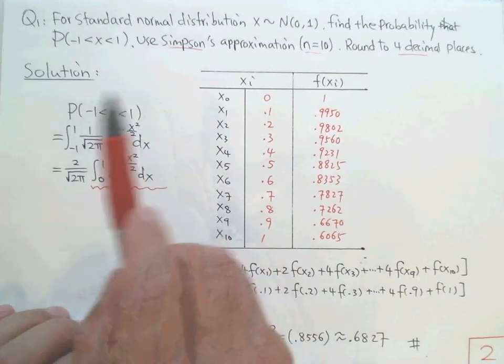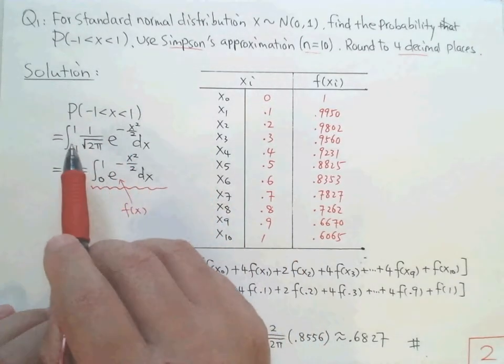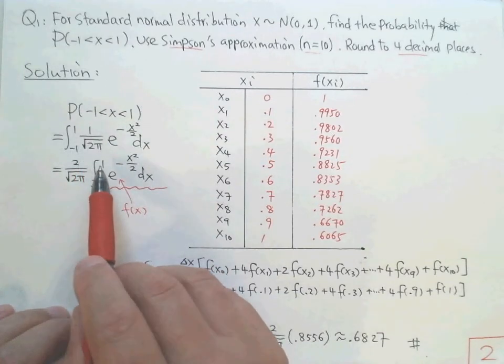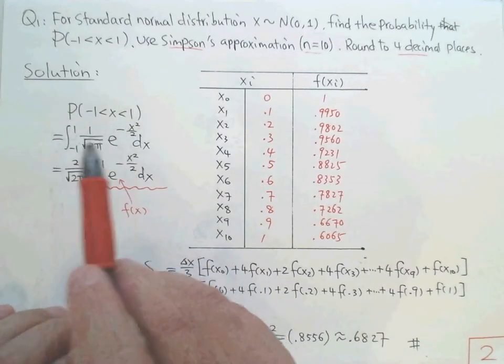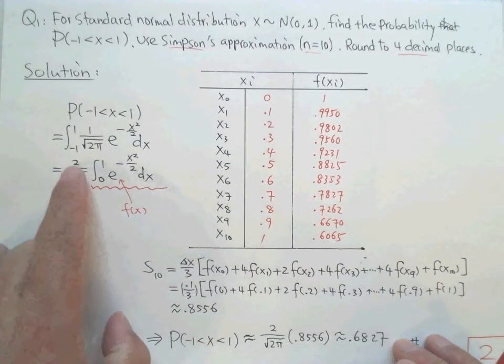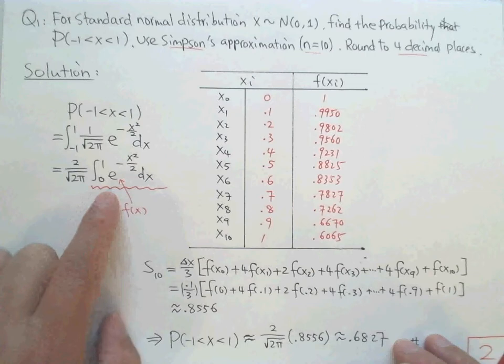That means we only need to find the area on the right side, from 0 to 1. We find that area and then multiply by 2, because both areas are the same because of symmetry. We don't care about this coefficient; we care about this definite integral, which is exactly the Gauss function.